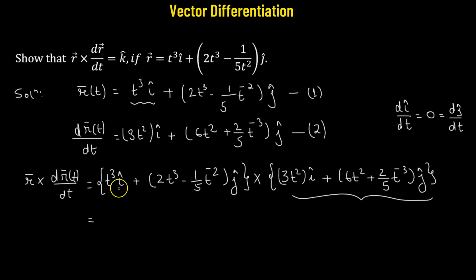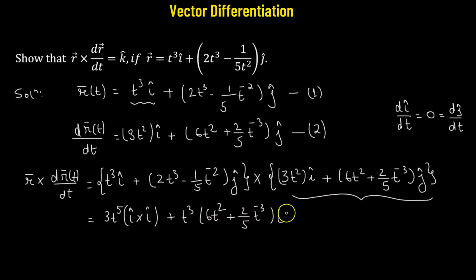So we have t cubed times 3t squared, that will be 3t raised to the power of 5, and that's i vector crossed with i cap. Plus, we'll take t cubed and multiply it to 6t squared plus 2/5 of t raised to the power of negative 3, and we have i cap crossed with j cap.